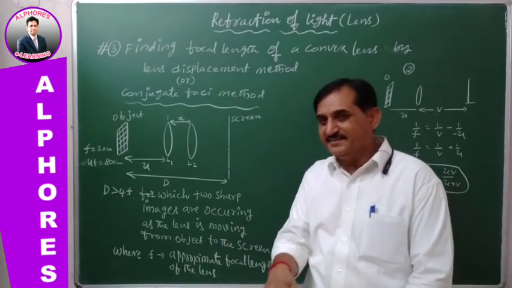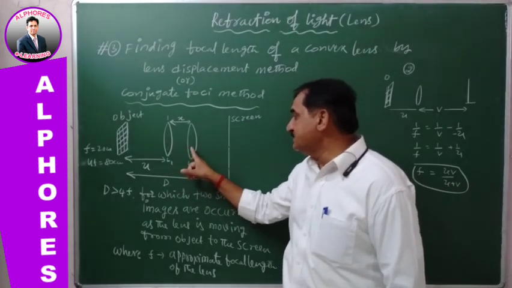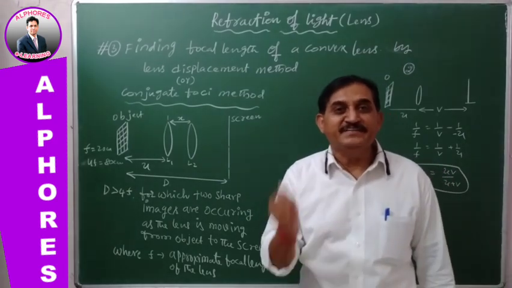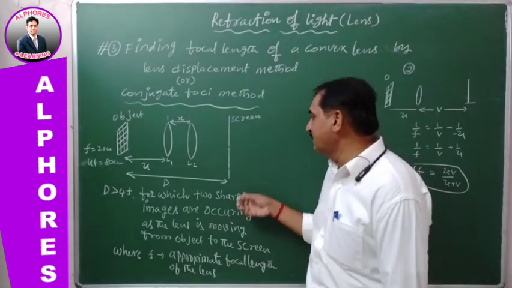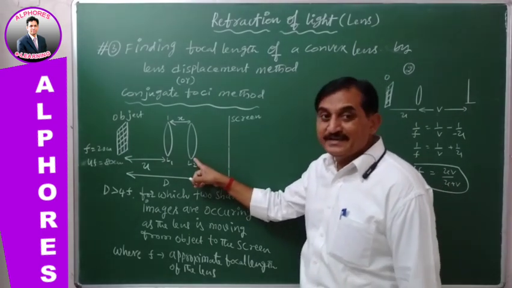Again it is blurred. As you go further forward, at some other position, say L2, again you can find a very sharp and diminished image on the screen.